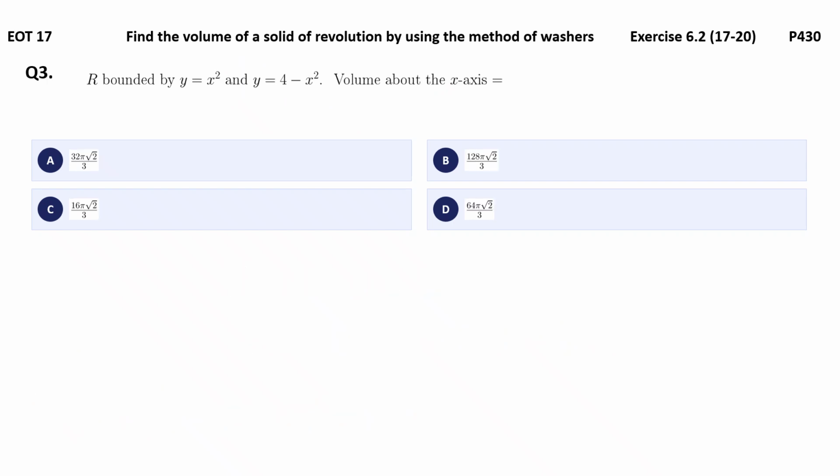Let's continue with question number 3. Here you are asked to find the volume about the x-axis. If you notice, the given two functions are in terms of x, so no worries about it. But when you equate these two expressions and simplify, you will be getting x square is equal to 4 minus x square.